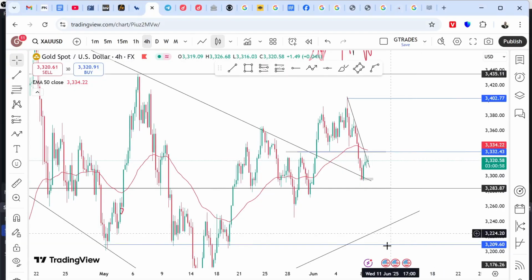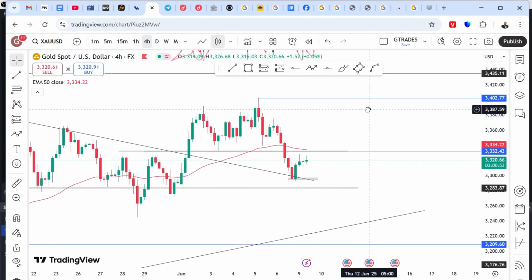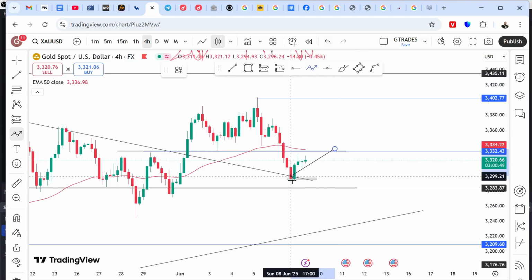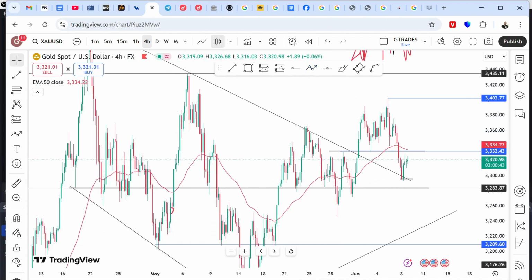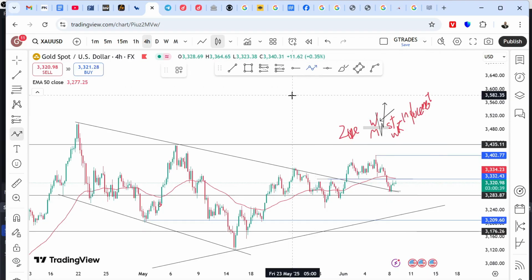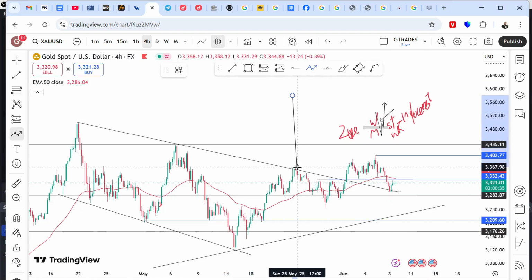Now on gold, if you look here, you will notice that the 4-hour zone here is this particular support. And if you trace the origin of this support, you will notice that it was a breakout and retest here. Do you see? Price touches this resistance, right? 1, 2, 3.